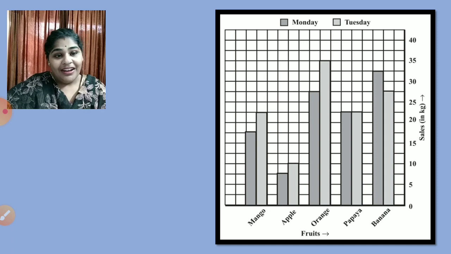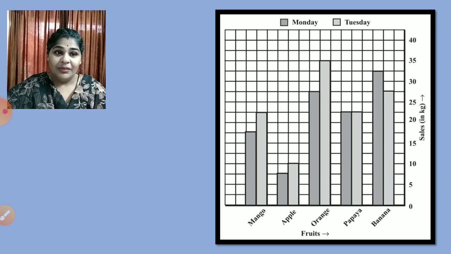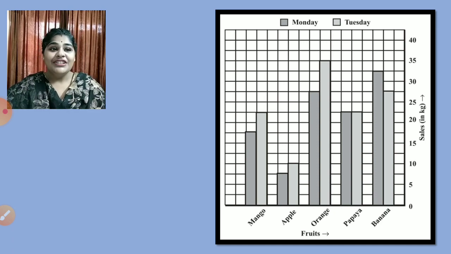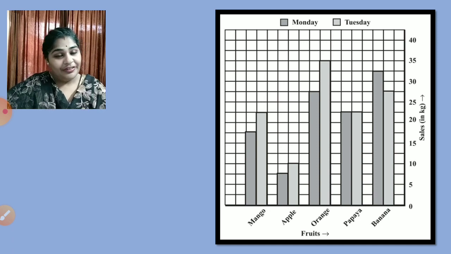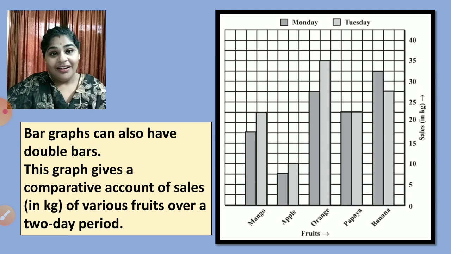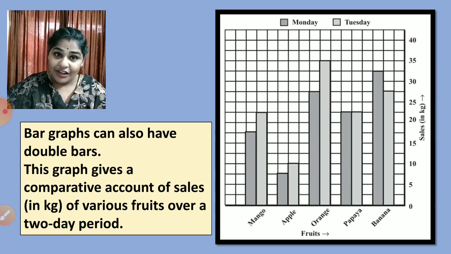Like, I can see the sale of the mango fruit on Monday was less compared to Tuesday, right children? So looking at the graph itself, we can understand the data. It will be very clear for us if it is represented in a graphical way.